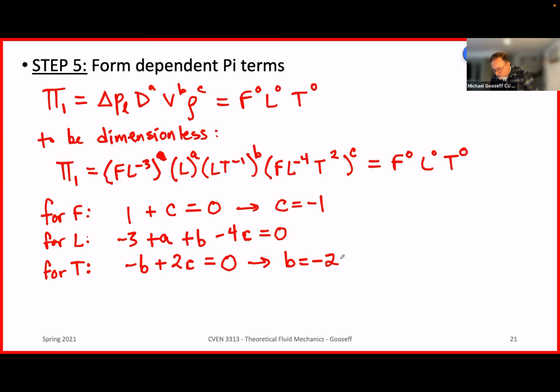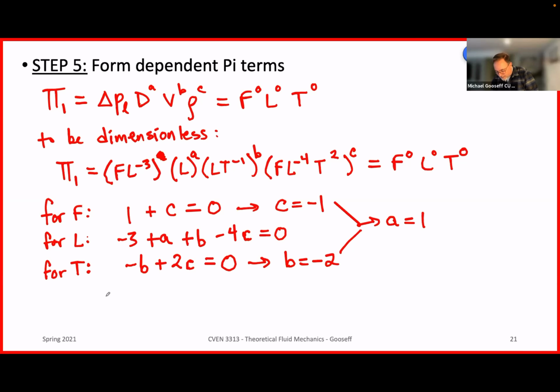And then when we put these together, we end up with A being equal to 1, okay? So in other words, all I did was I took my -2, plugged it into here, took my -1, plugged it into here, and when I solve for A, I get a +1, okay?